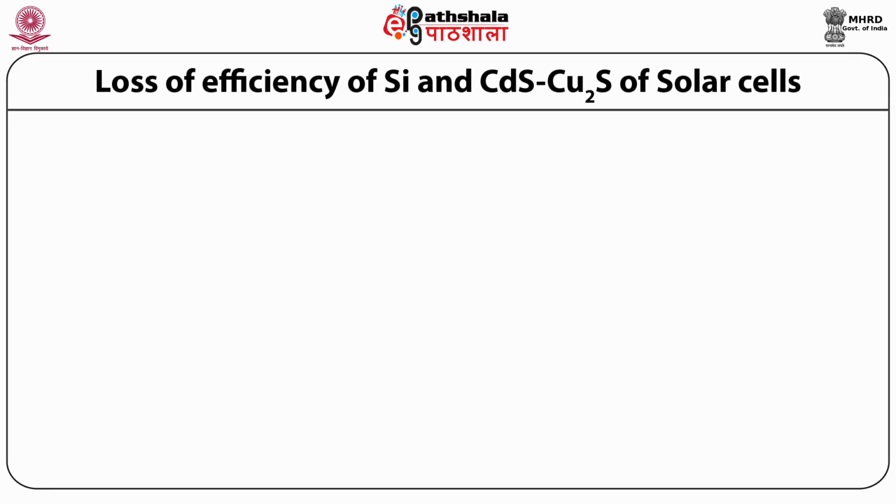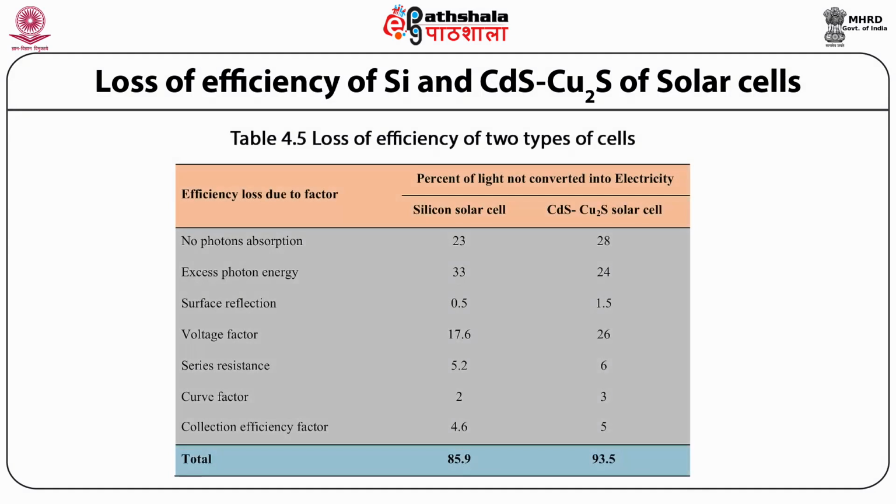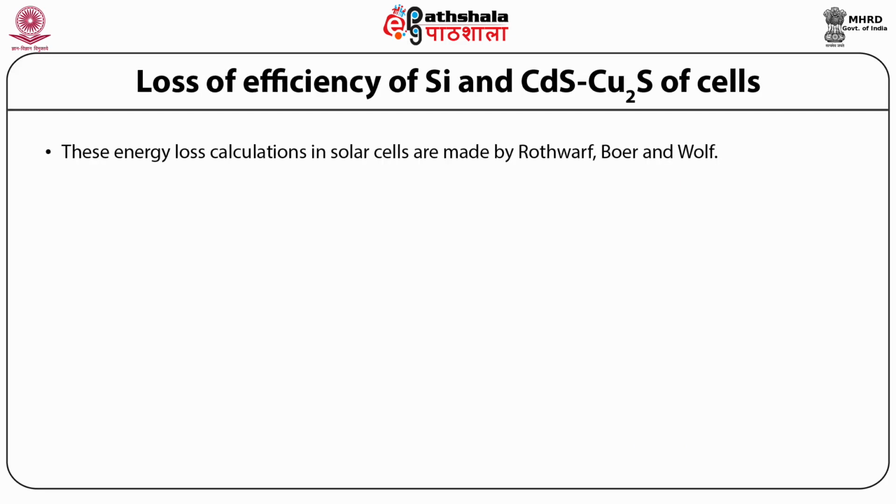Loss of efficiency of silicon and cadmium sulfide, copper sulfide solar cells. This table summarizes the various losses for the solar cell based on actual silicon and cadmium sulfide, copper sulfide semiconductor materials. These energy loss calculations in the solar cell were made by Loferski, Wolf and others.